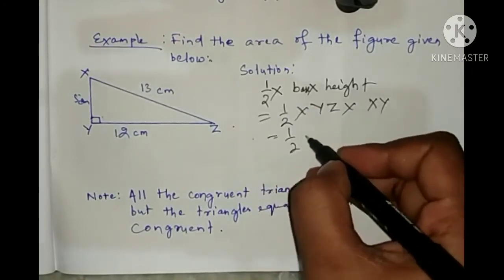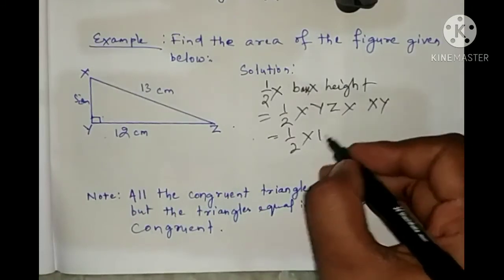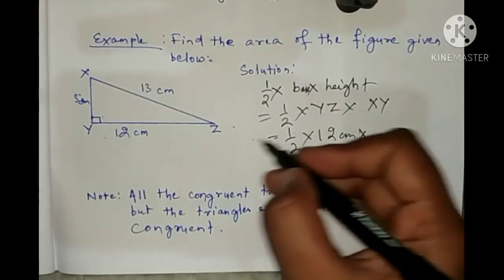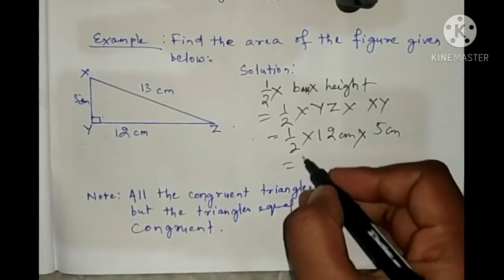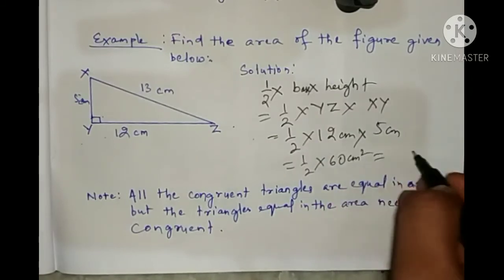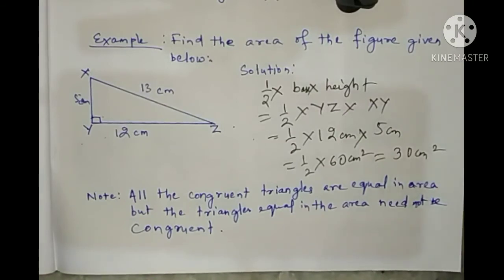So half into 12 centimeter into 5 centimeter. So half into 60 square centimeter, what we got? 30 square centimeter. So it is the area of the triangle.